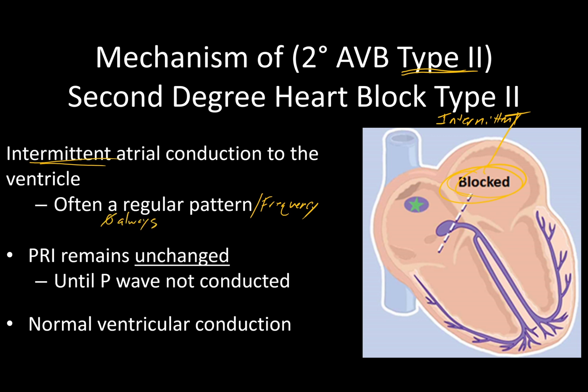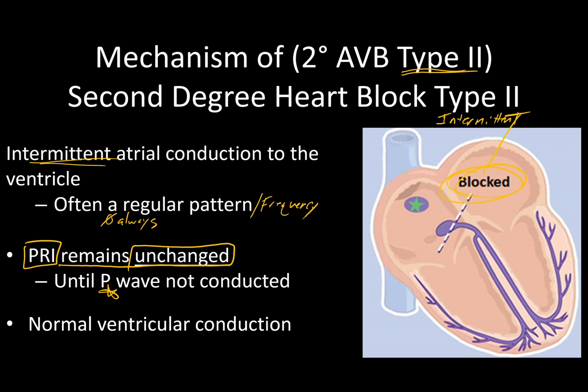But that pattern and all of that kind of stuff, what it really boils down to is that your PRI remains unchanged. And that's the most important part on there, that each PRI is the same, until suddenly a P wave is not conducted, and that goes right back to being exactly the same PRI it was beforehand.